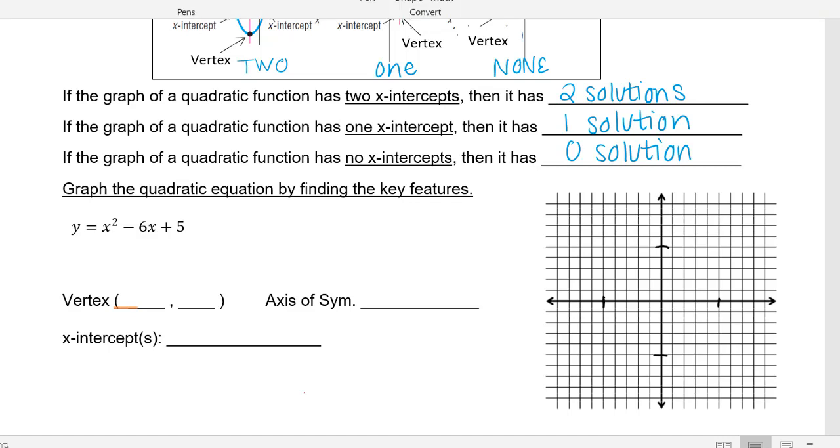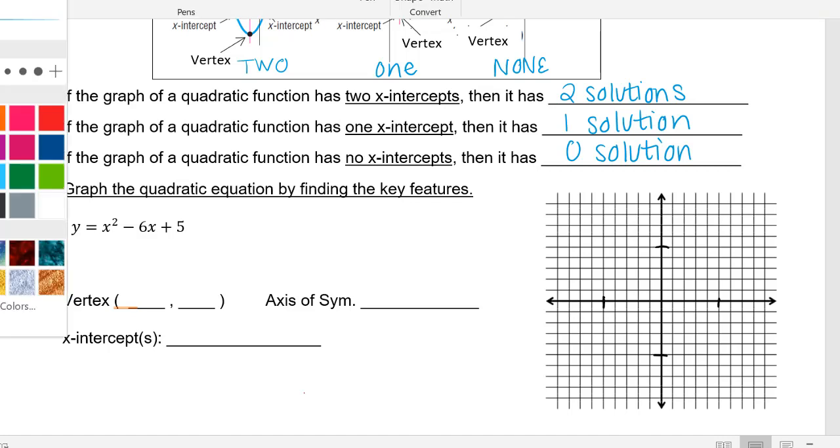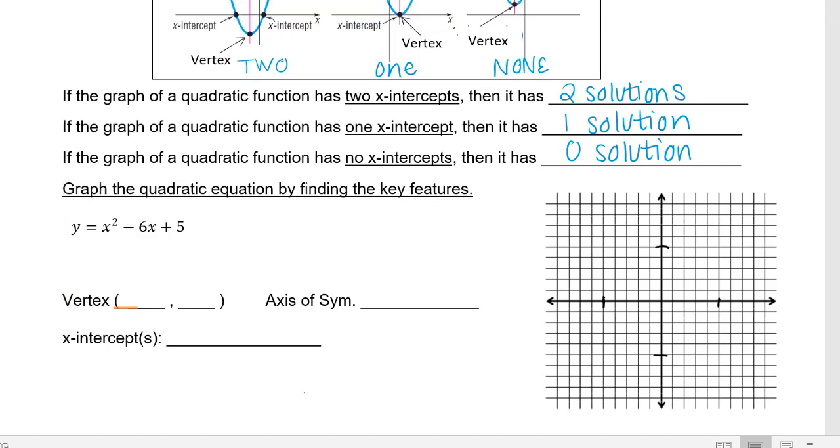So let's start with what we know about this lovely parabola, y is equal to x squared minus 6x plus 5. We'll start with our axis of symmetry formula because that will help us determine that line of reflection and the x value of our vertex.